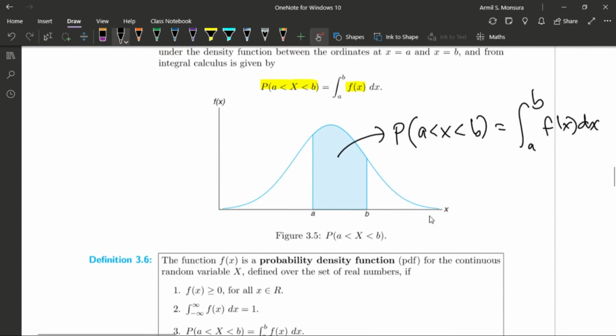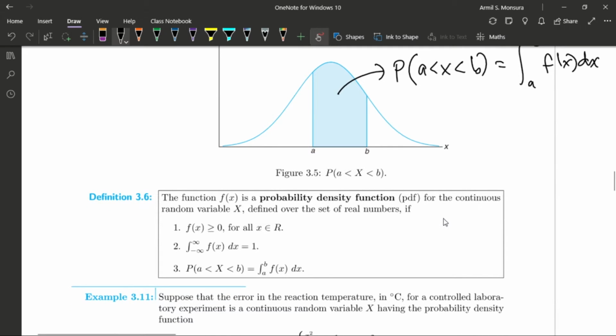So now we formally define the probability density function, or PDF. The function f of x is the PDF for the continuous random variable x, defined over the set of real numbers, if f of x is either 0 or positive for all x belonging to the set of real numbers. Next, the integral of f of x dx from negative infinity up to positive infinity is 1.